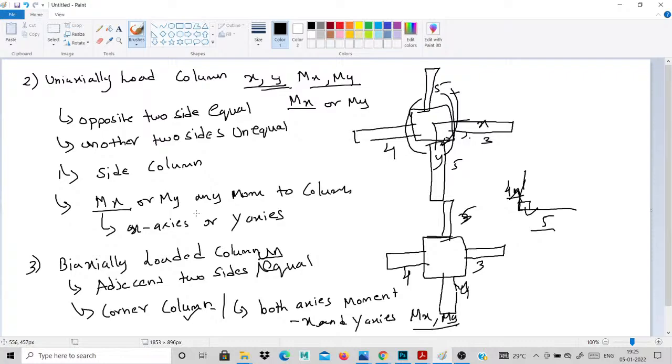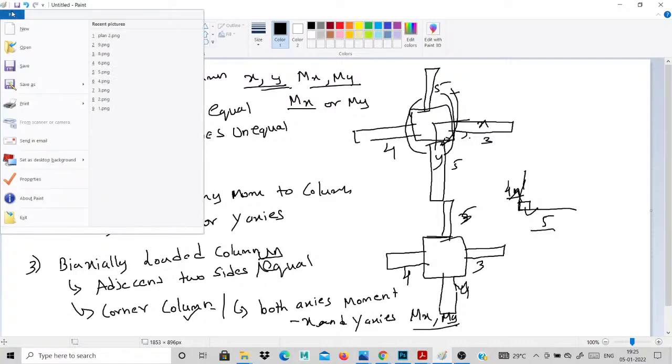Axial will have no moment, only minimum moment. Uniaxial will have moment in one direction only, any one axis, x axis or y axis. Biaxial is a corner column. Moments will come on two axes, x axis and y axis. Okay, this is the main important point for classification of your columns.